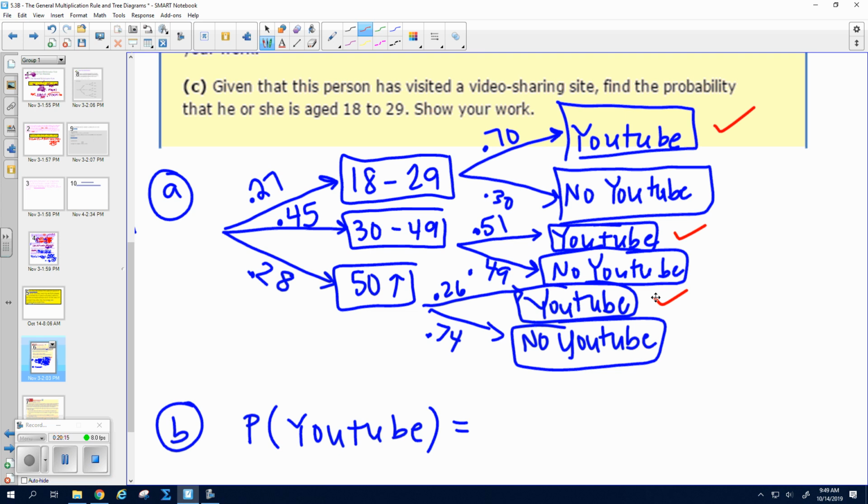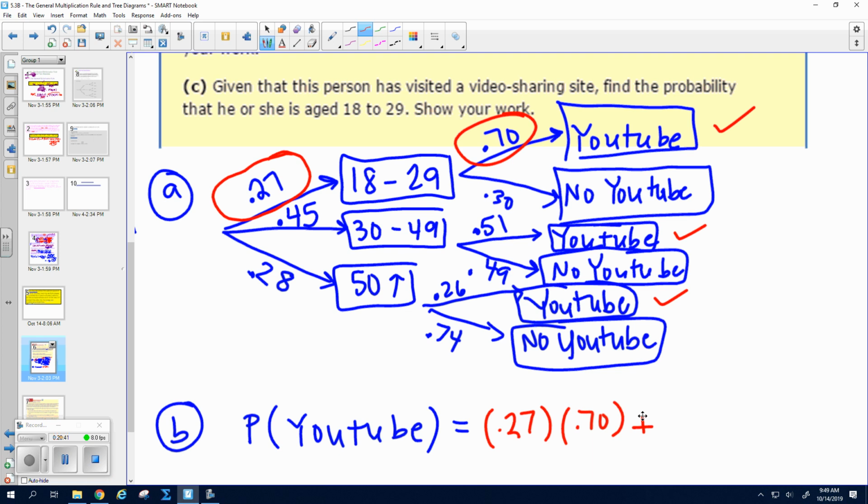So if I take the first pathway to YouTube through the younger group, Julia, what 2 numbers do I multiply together? Yep. So one pathway is 0.27 times 0.7. And we add it to the next pathway because that's an or statement. They're either going to be 18 to 29 or they're going to be 30 to 49.